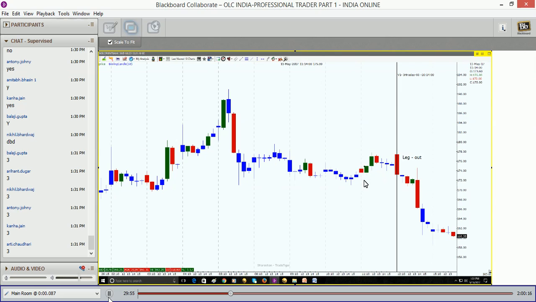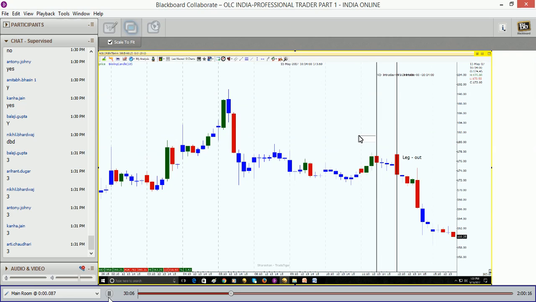I have 3 base candles over here, and then this red candle becomes my leg in. Let me mark this as my base. I have my leg in, I have my base, I have my leg out. I take the highest wick of the highest base.